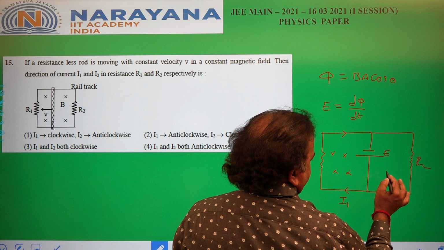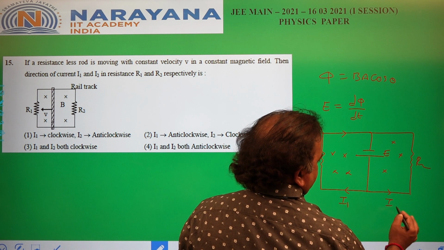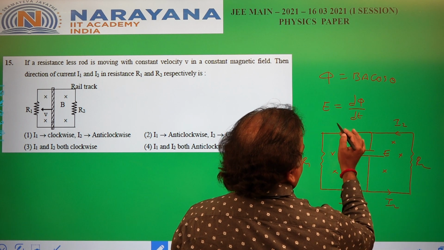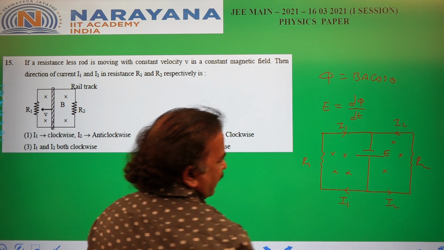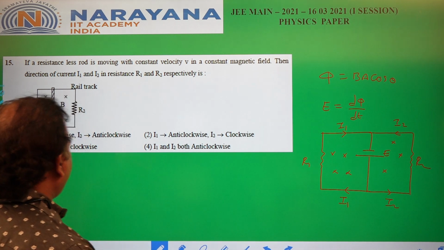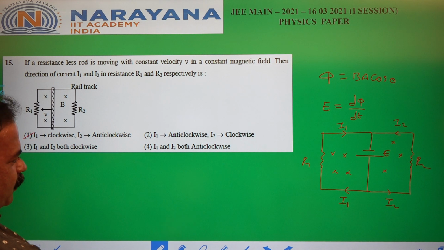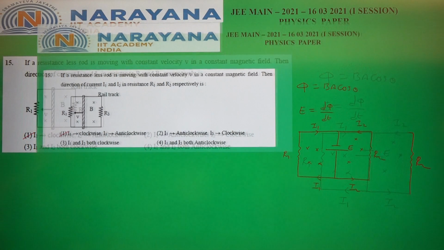Whereas the current in R2 is I2, so you can see that in R1 it is in clockwise direction, in R2 it is in anti-clockwise direction. So our option will be 1, a purely theory based question. We'll go for the next question.